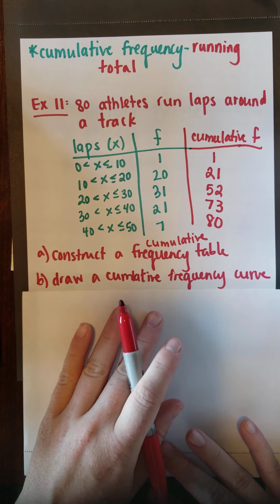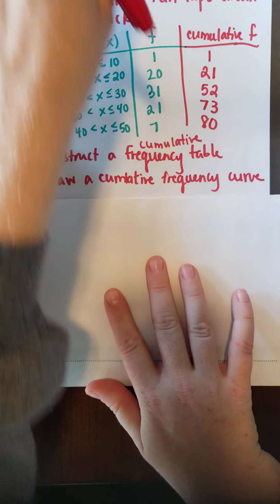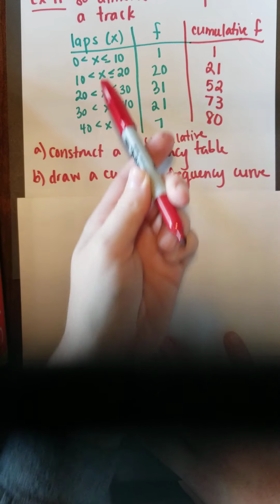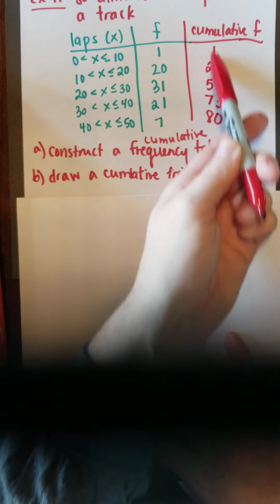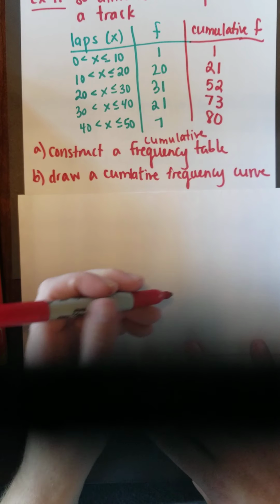Next thing that we're going to do is draw a cumulative frequency curve. So you're basically just going to draw a graph. On here, I'm going to go ahead and have my number of laps, and I'm going to do a cumulative frequency instead of the actual frequency here. So I know I'm going to have to go up to 80 and then over to 50.